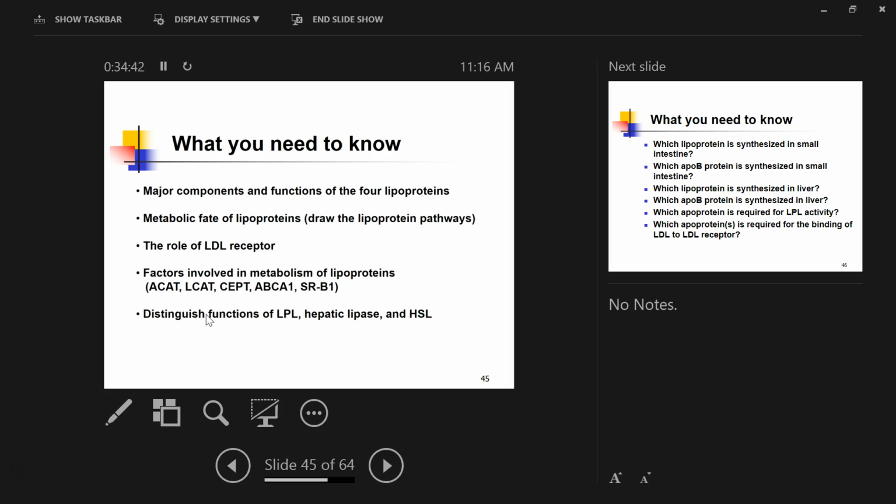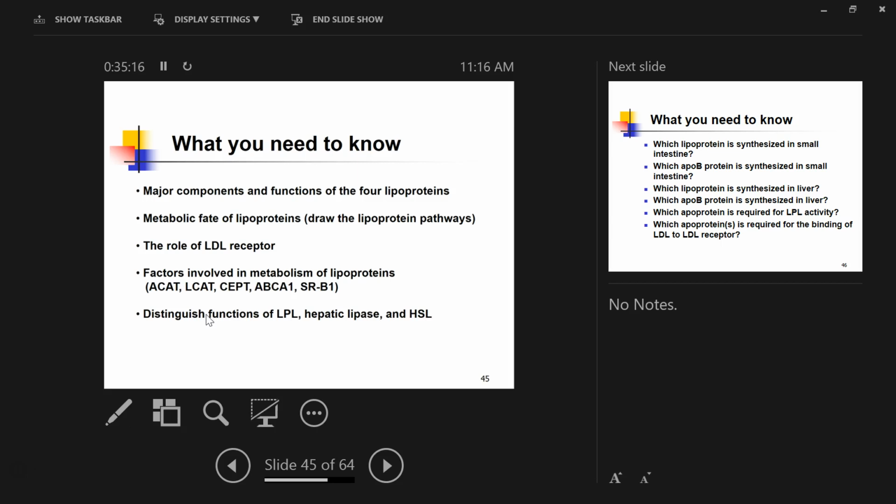And the metabolic fate of a lipoprotein, so you are able to understand. We have several diagrams, slides, so you can go through all these diagrams and see if you understand how each lipoprotein is metabolized. Basically, how they function to carry or transport different types of lipids.